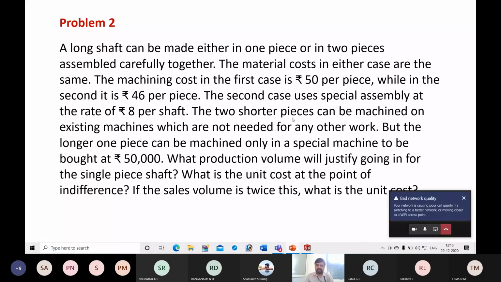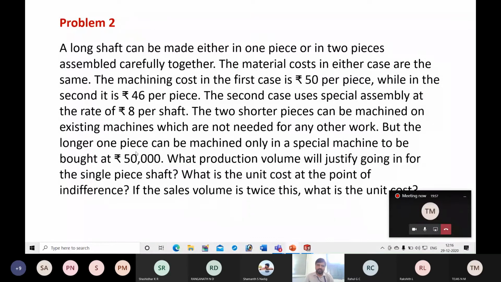The two shorter pieces can be machined on existing machines which are not needed for any other work. Okay, but the longer one piece can be machined only in a special machine to be bought at 50,000. That means you need an additional investment for the first case, that is shaft made of one piece.